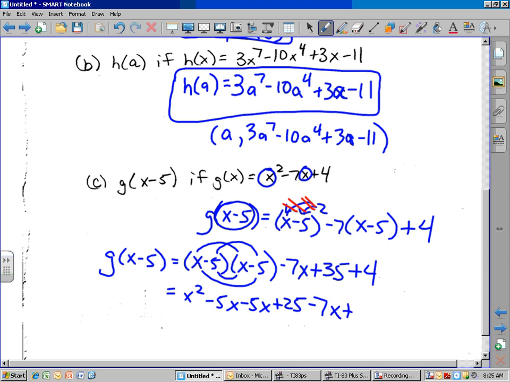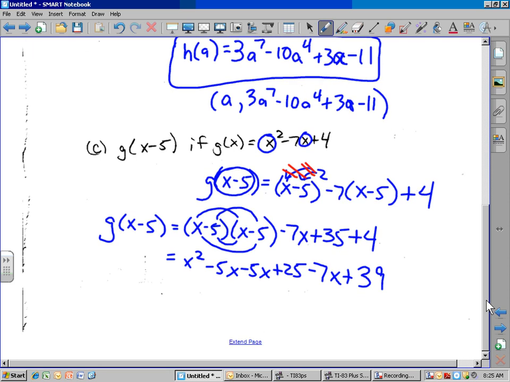I'm just going to add these two together. FOIL. First, outer, inner, last. And then we just combine like terms. We got x squared minus 10x. Oh, actually, we got more than that.